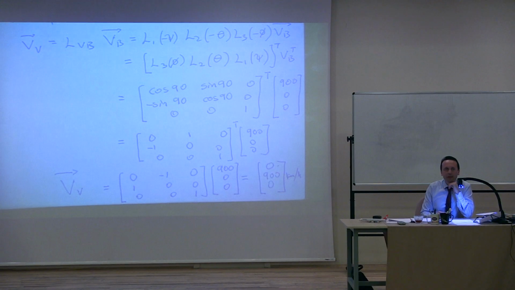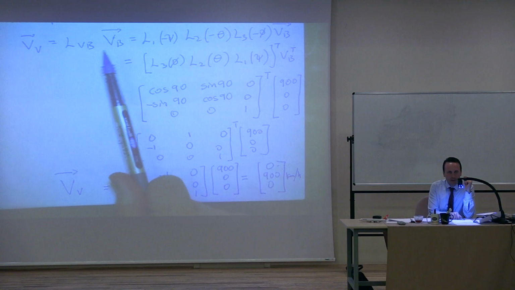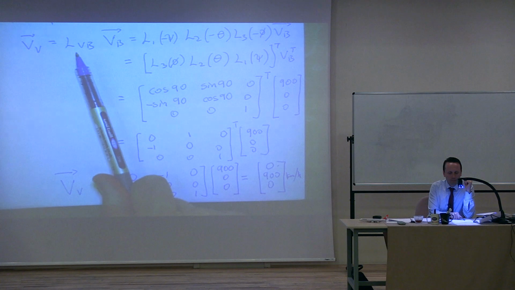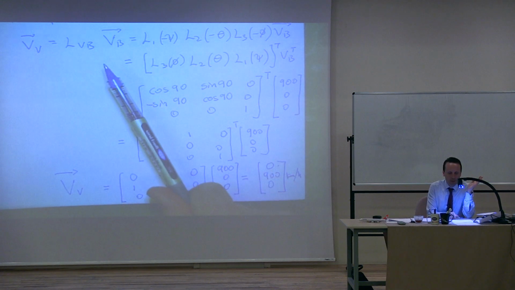Please go through this at home if you don't understand this. I know it's the third hour and you might be tired, but I'm not really doing anything very difficult. The difficult part is over. This is just algebra now. Just understand that this is the transformation matrix, B to V. We already established that it looks like this if you go from body to vehicle.